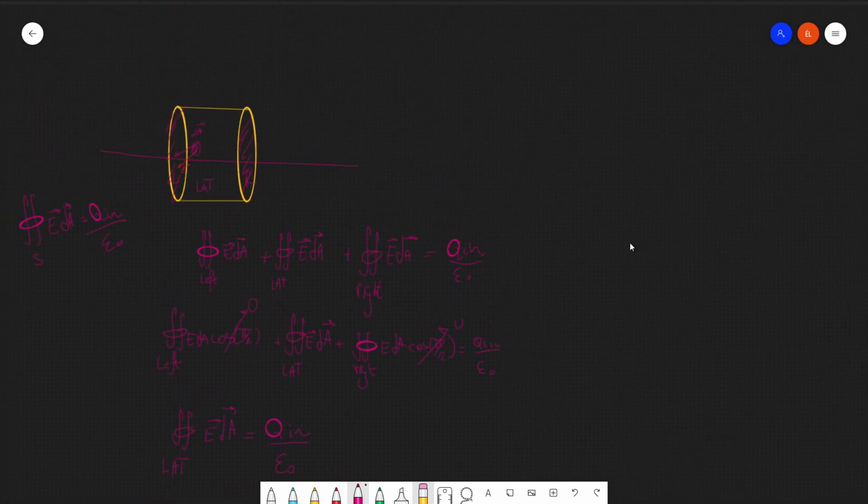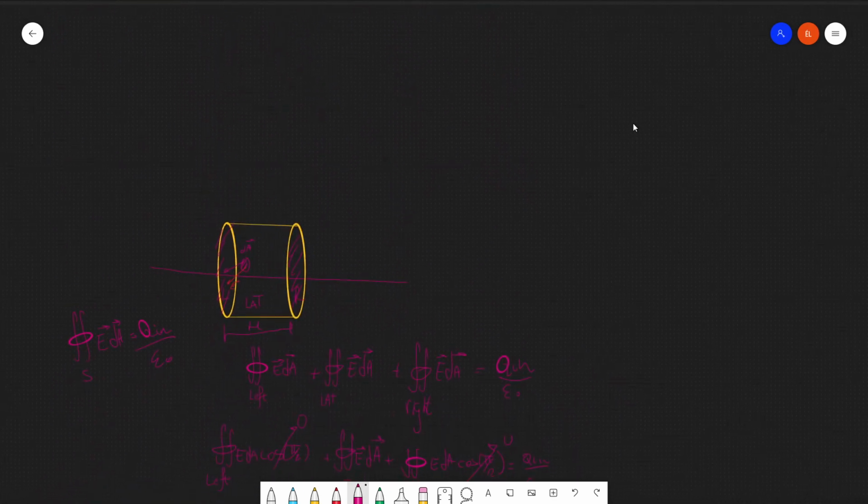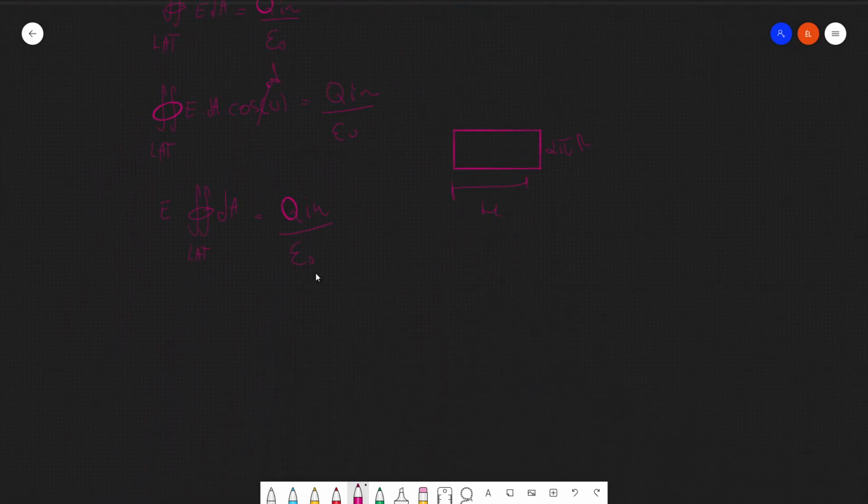In this case, this is H, which is the length. I could call it L, but you know, H. And this is 2 pi R, because if you get a scissor, cut the cylinder open and unfold it, this side is the circumference, which is 2 pi R. Okay, so it's recording, thank God.